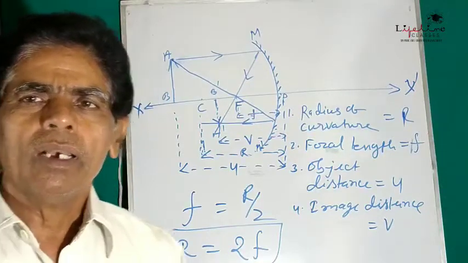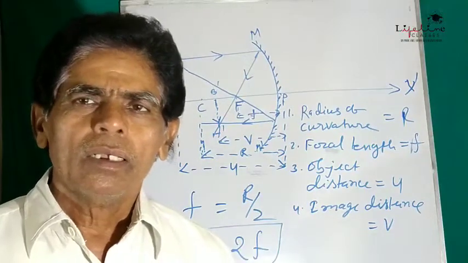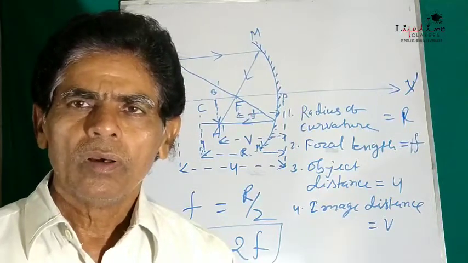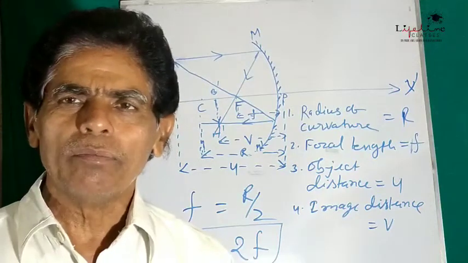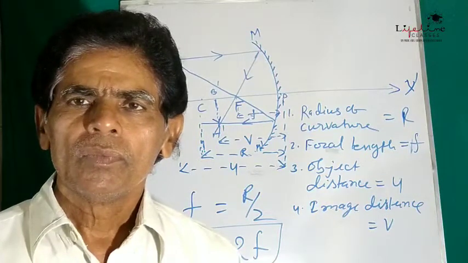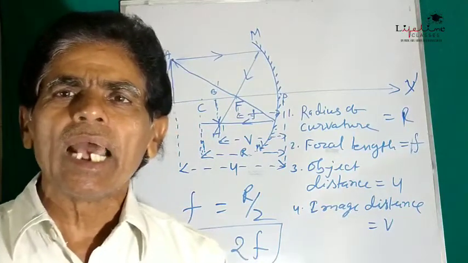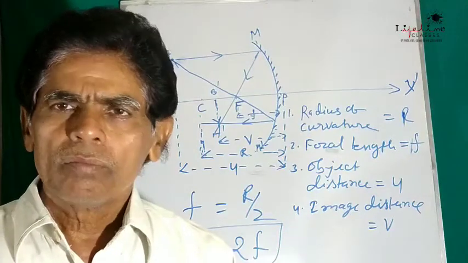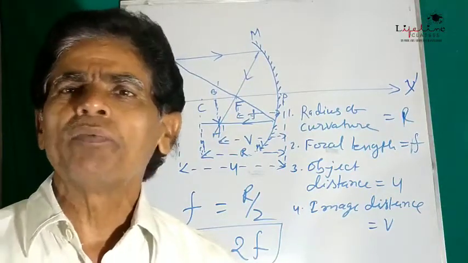Then we will see how an image is formed, or how we draw the image diagram on paper or the board. In order to draw the ray diagram of image formation, what parameters have to be specified?